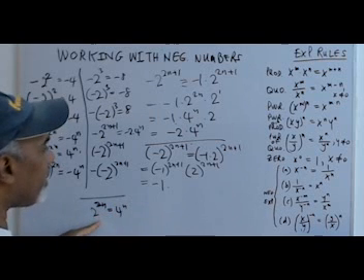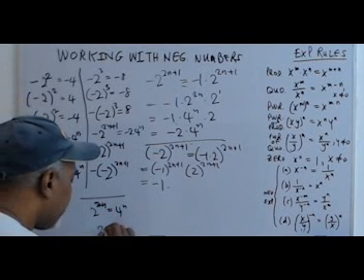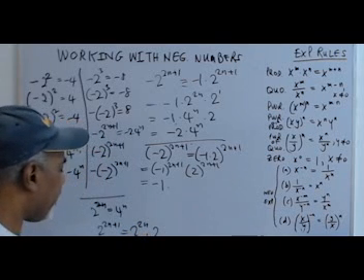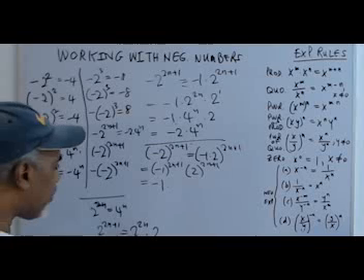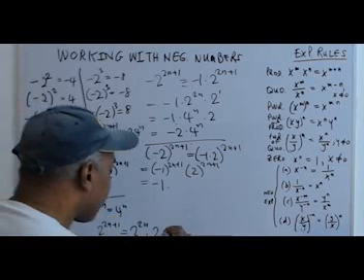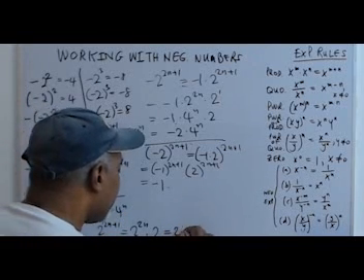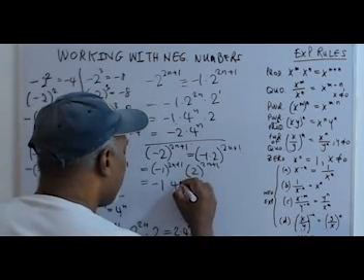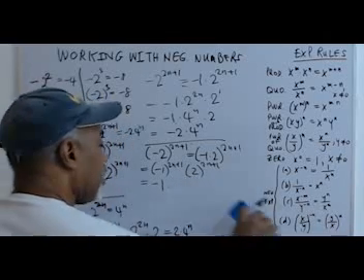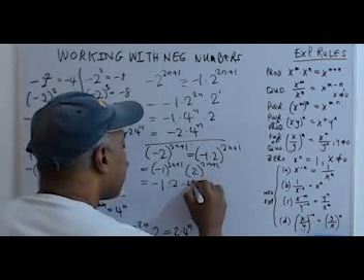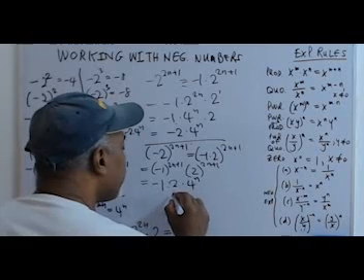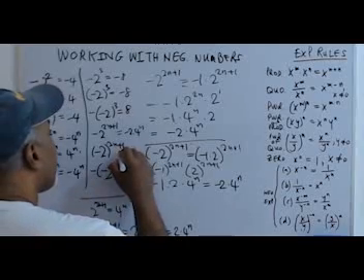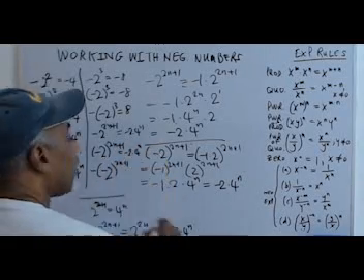Well, let's do a side thing here. 2 to the 2n plus 1 is equal to 2 to the 2n times 2 to the 1. 2 to the 2n is 4 to the n, so this is 2 times 4 to the n. Negative 1 times 2 is negative 2, so that's negative 2 times 4 to the n.